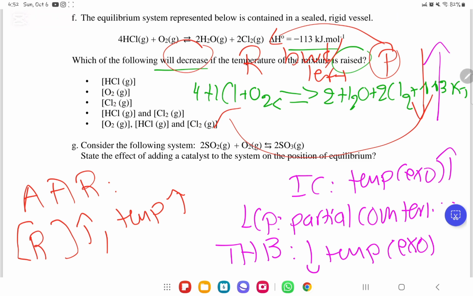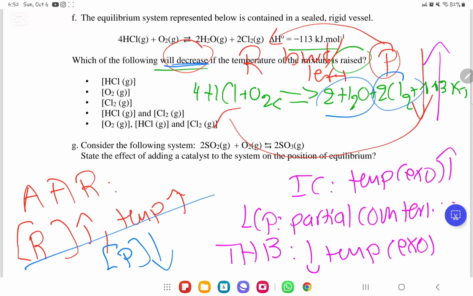Alright, so we said as a result the concentration of reactants increases, and then the concentration of products will decrease. So our products, they're asking for what will decrease. We need to see the concentration of our products. So definitely HCl, which is in the reactants, will increase. We're not going to take it. O2, which is in the reactants, will increase, so we're not going to take it.